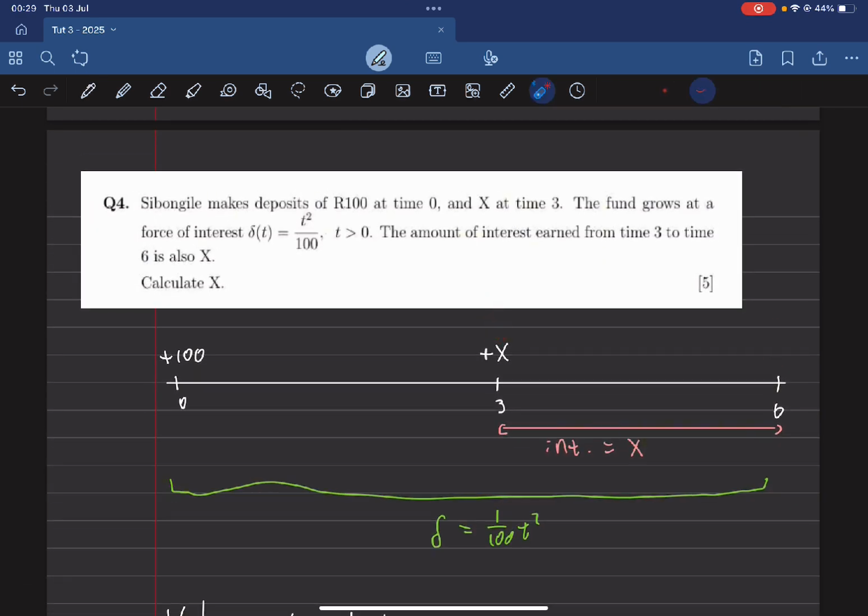Now we take this value minus this value, and that gives us the interest.